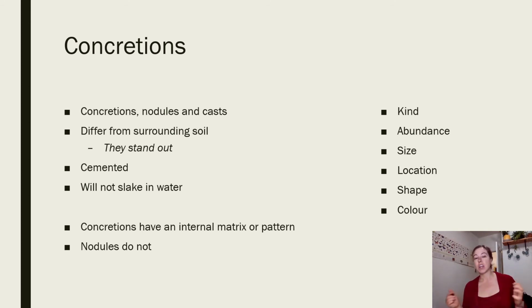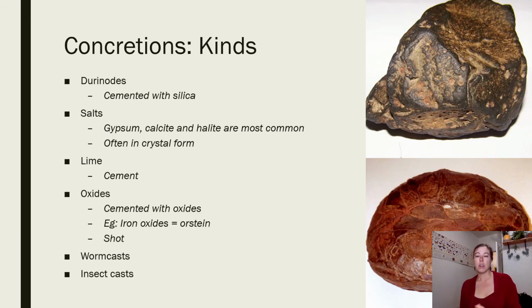There are tons of different kinds of concretions. The most common one around here are ornsteins. They happen in podzolic soils from iron accretions. And again, we're going to describe the concretions with all of these things. There are several different kinds. Ornsteins are iron oxides. In limestone soils, we get actual proper cement.